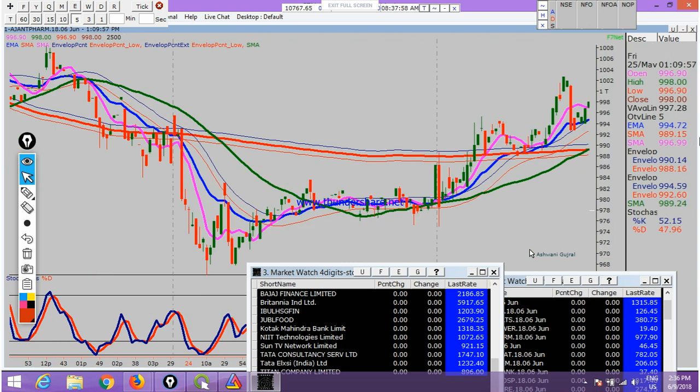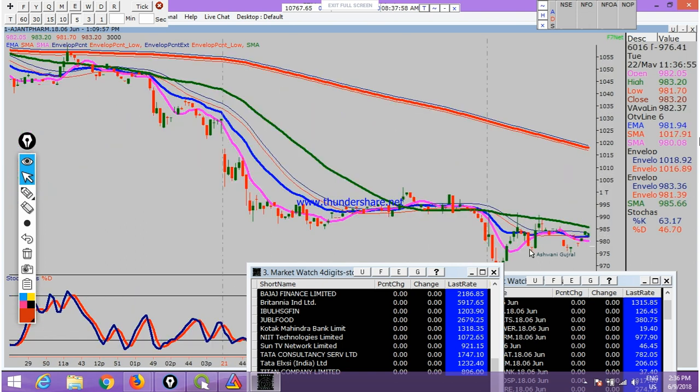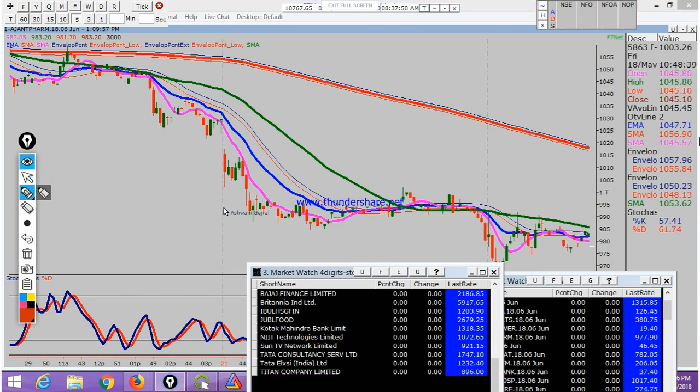Like here, can you see any reversal candle? Can you see any reversal candle? In any of these candles, any candle is a strong candle.